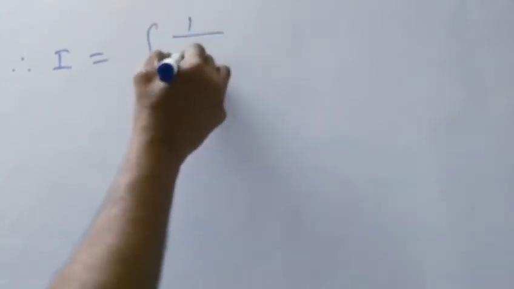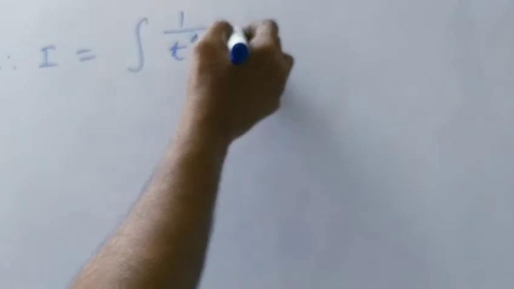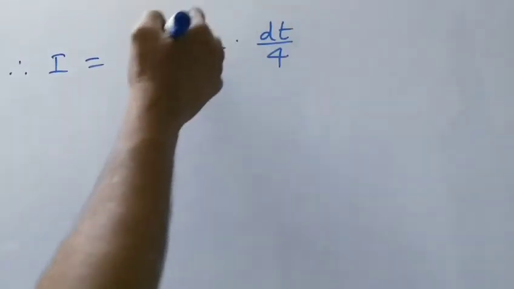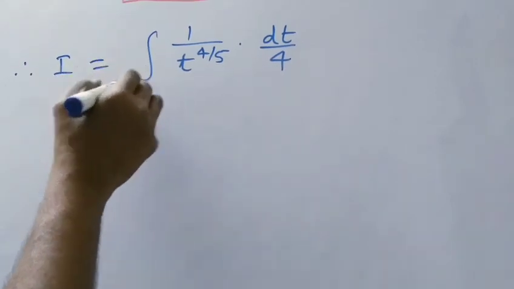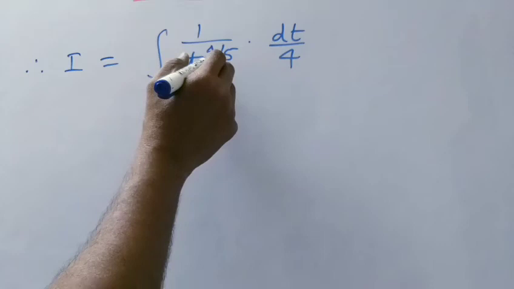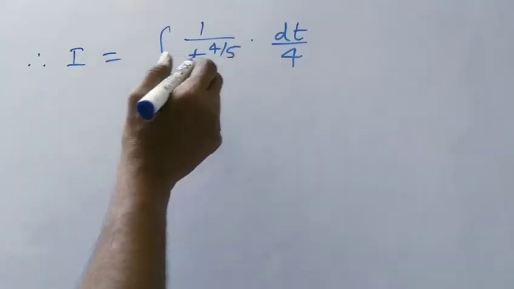Therefore, I is equal to the integral of 1 by t to the power of 4/5 into dt by 4. After substitution, we have got I is equal to the integral of 1 by t to the power of 4/5 into dt by 4.